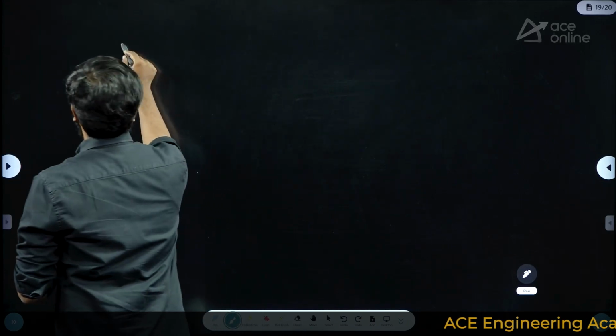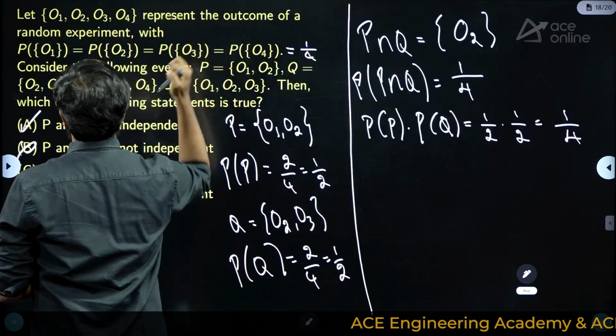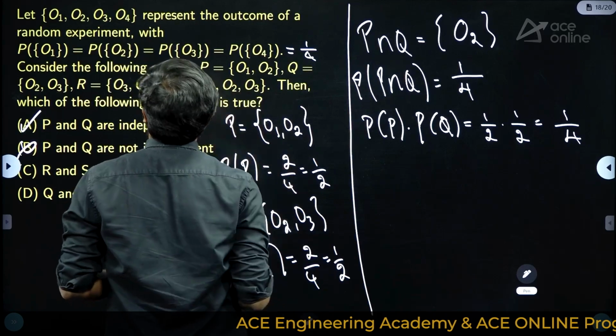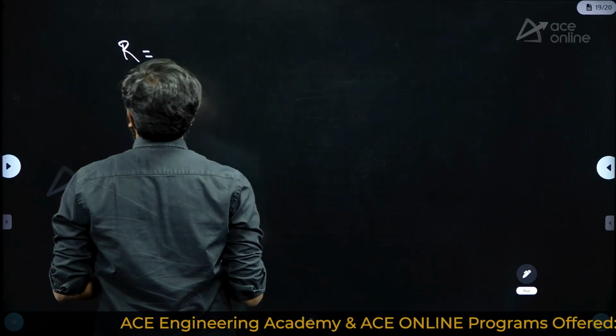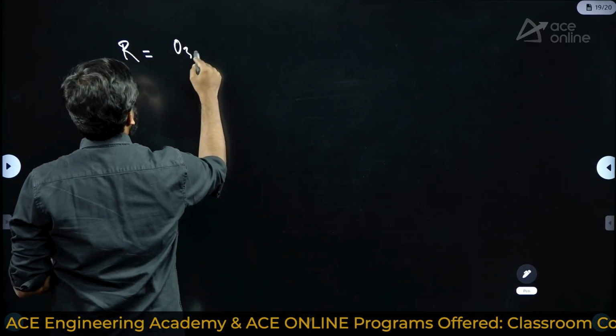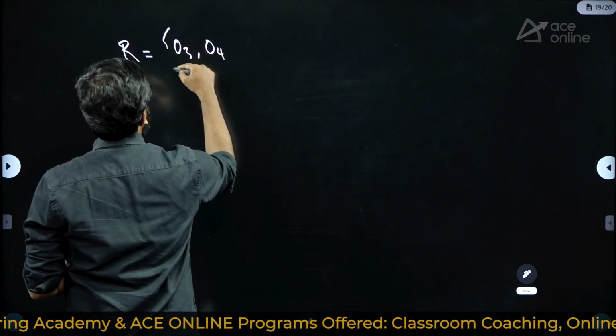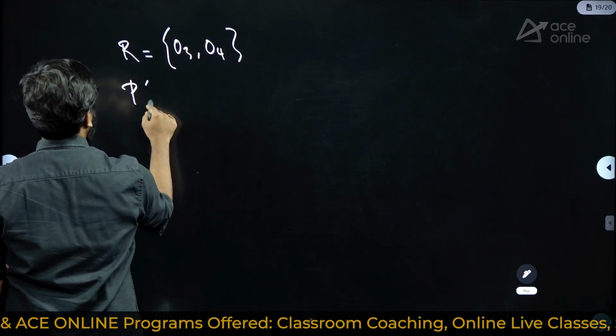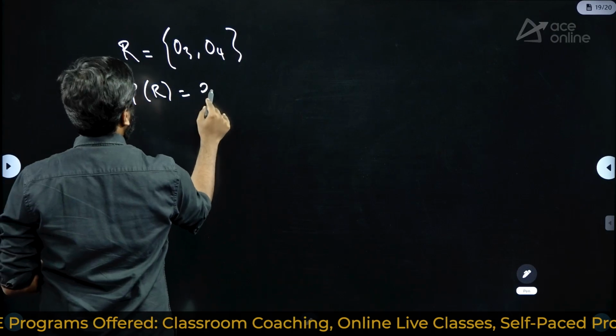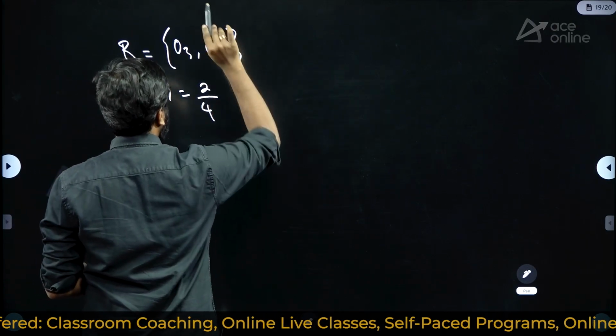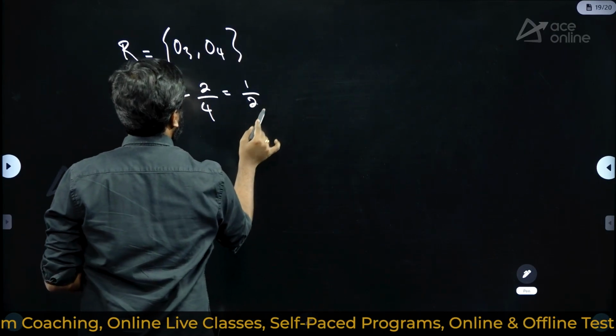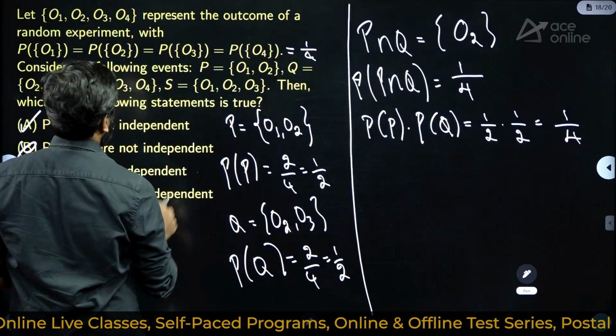So what is R? What is R, students? R is O3, O4. What is the probability of R? It is 2 by 4, since there are 2 points and the total is 4, which is 1 by 2. Now S. What is S?